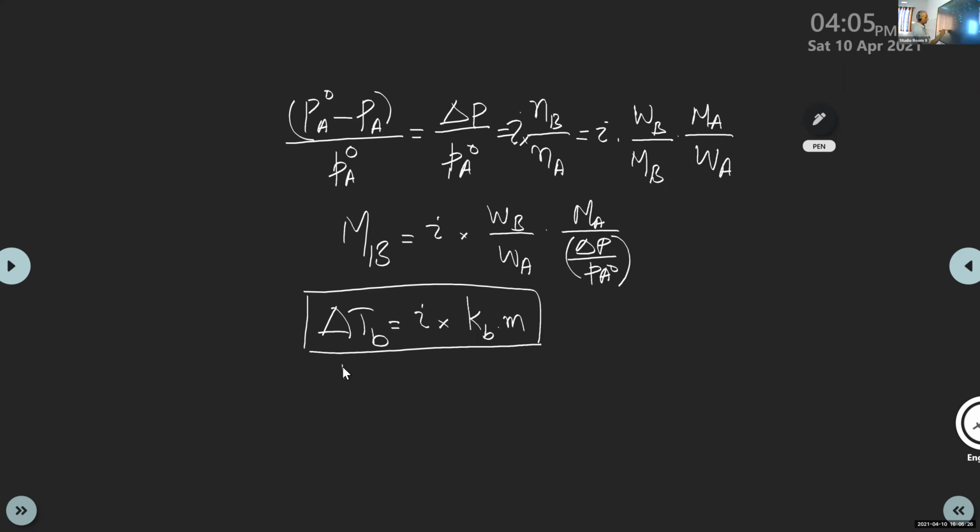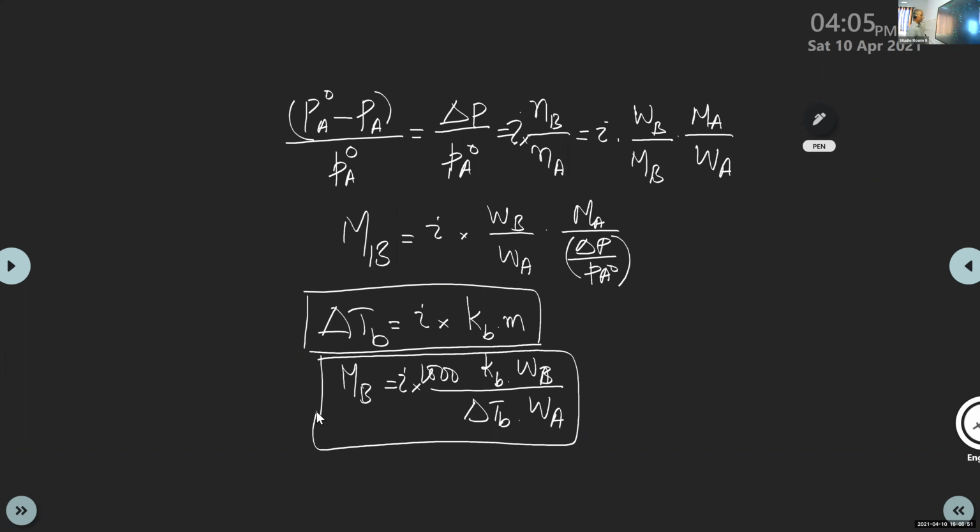Similarly, for molecular mass, MB is equal to 1000 KB into WB by delta TB into WA. That is the normal equation, and that is multiplied by I. So I into 1000 KB into WB by delta TB into WA. Everywhere, the right hand side is multiplied by I.